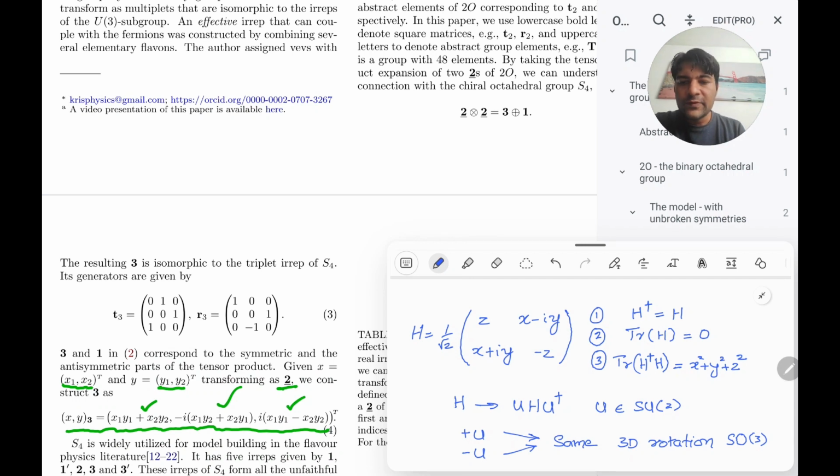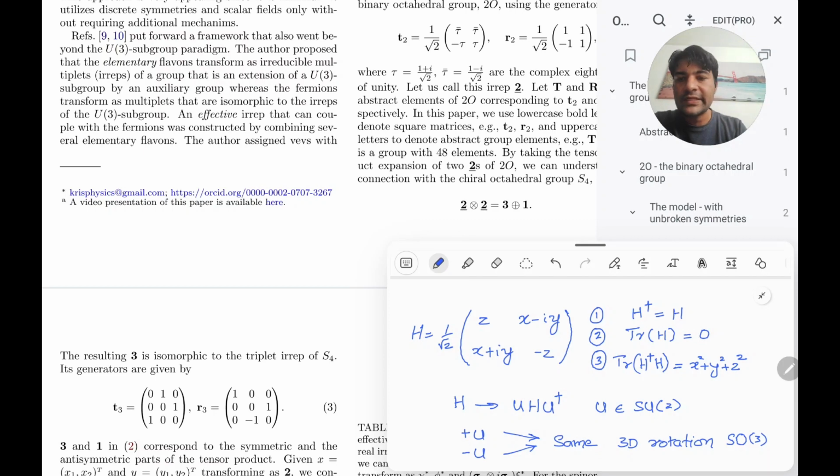This forms a specific basis, and the significance of that will become clear at the end of this video. If we use this basis, then the generators T and R turn out to be these 3 by 3 matrices. These 3 by 3 matrices are nothing but the generators of the group S4. In this way, we can see how the generators of 2O give you the generators of S4.